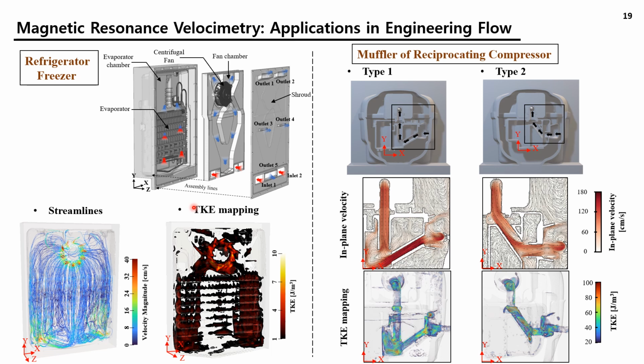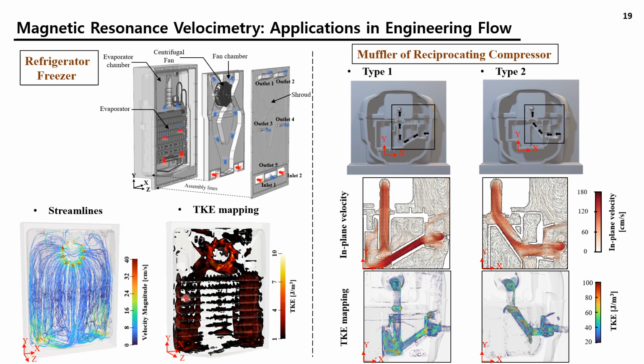First, in refrigerators, the evaporator and the central fan are key components related to energy efficiency and noise. In the evaporator, the refrigerant transitions from liquid to a gas state, absorbing heat from the surrounding air and cooling it. Then the central fan circulates the cold air within the freezer compartment.